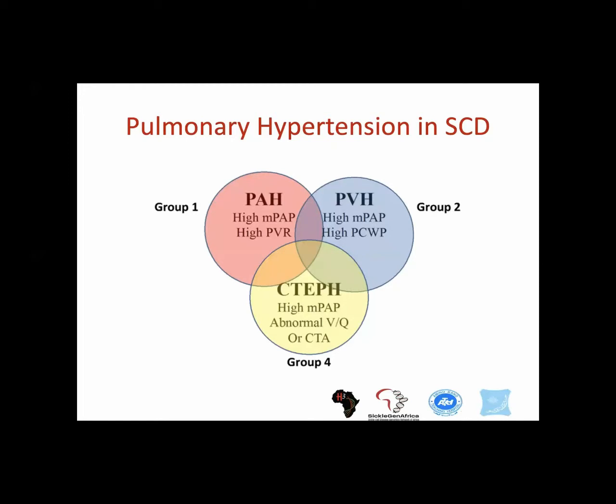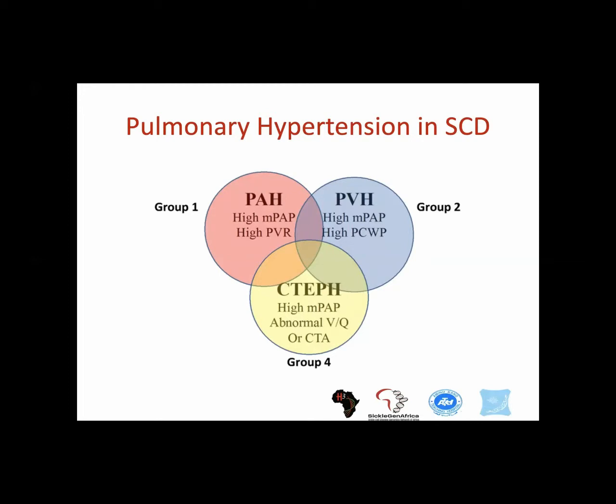Patients with this disease have what we call pulmonary arterial hypertension, the one I described because of hemolysis and vasculopathy. But in addition, when they develop left heart problems, either systolic or diastolic dysfunction, there's an entity we call pulmonary venous hypertension, which can also develop in them.